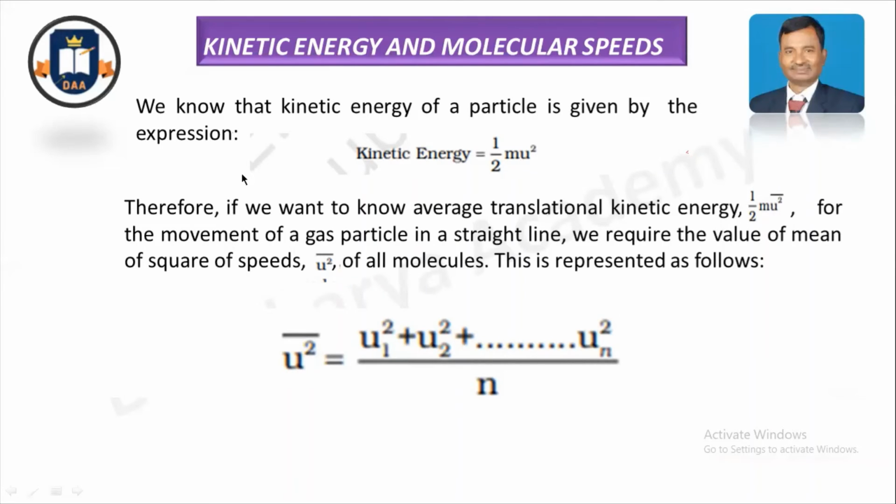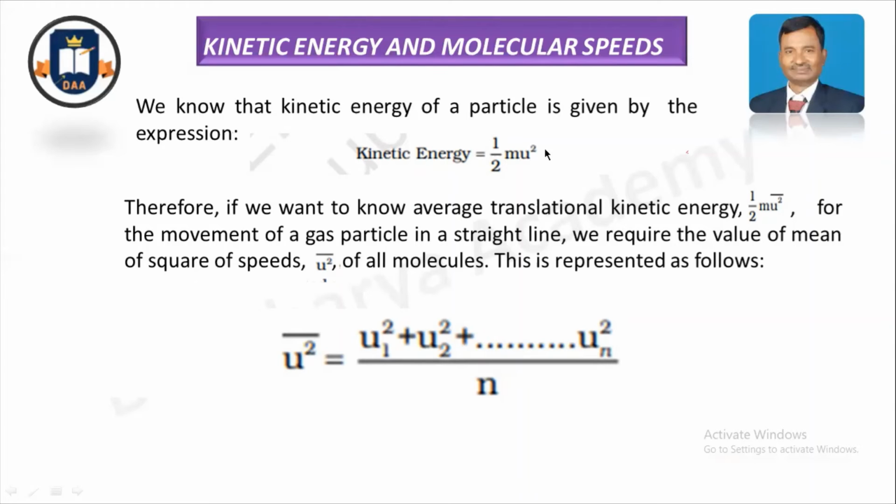Now we'll consider the kinetic energy. Kinetic energy depends on the speed. A general expression of the kinetic energy is 1/2 mu square, where this u square comes from the movement of a gas particle in a straight line.